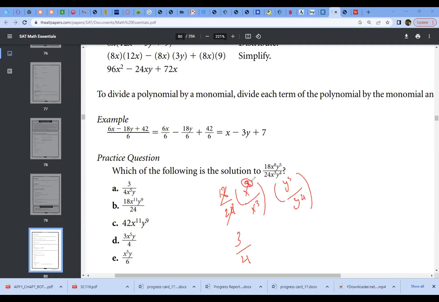And here 8 minus 3 is going to be x to the power 5, and 5 minus 1 is going to be y.